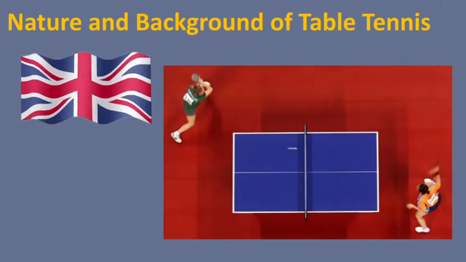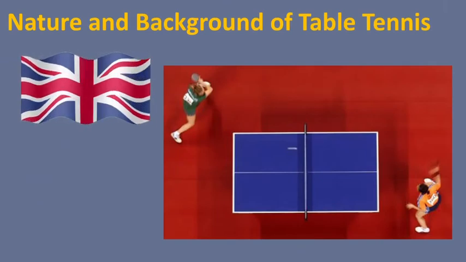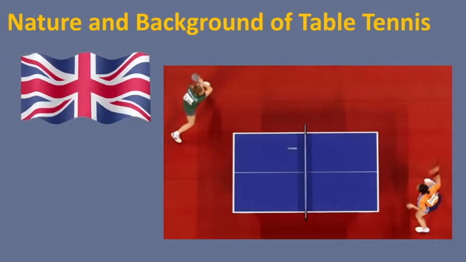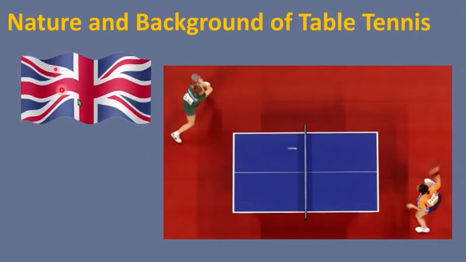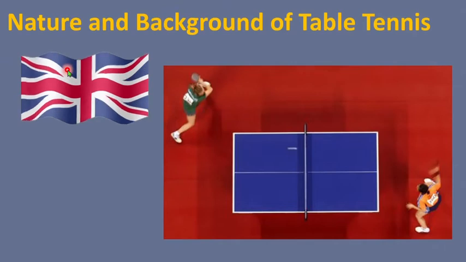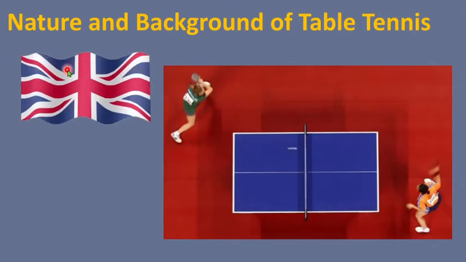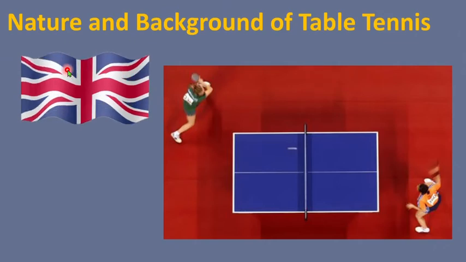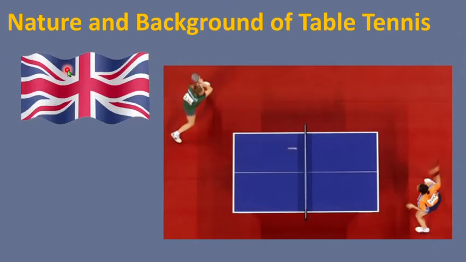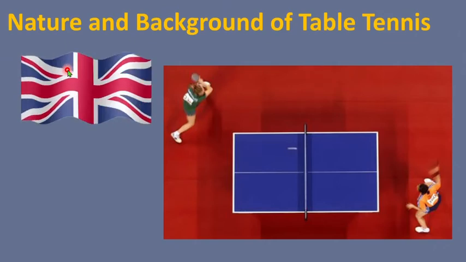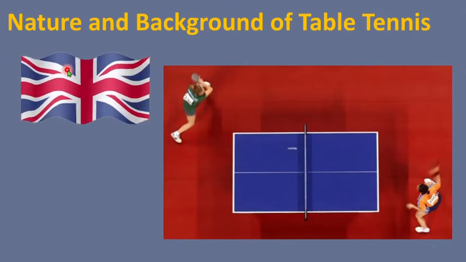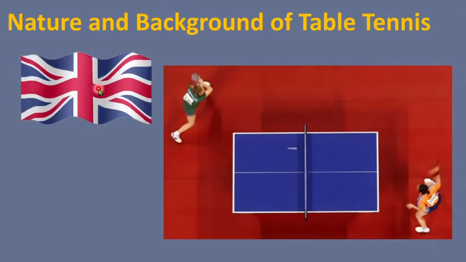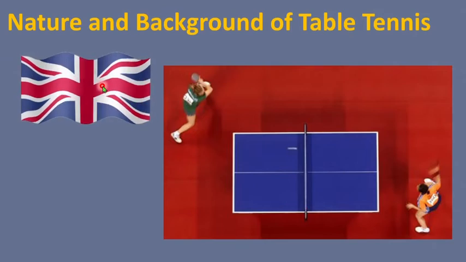Now we will discuss first the nature and background of table tennis. Table tennis originated from England, early before the 20th century. It was played using improvised equipment and was developed after lawn tennis. Lawn tennis was invented first, and later on the table tennis.